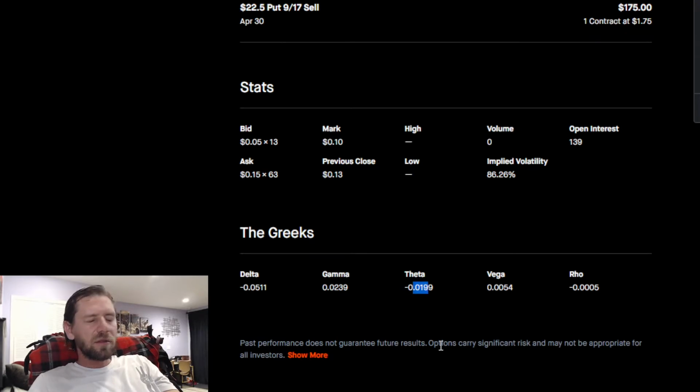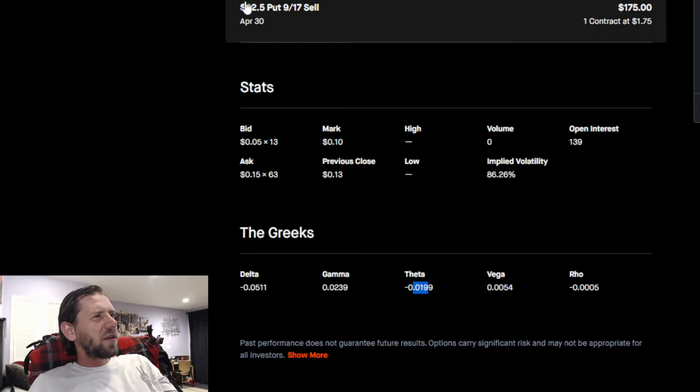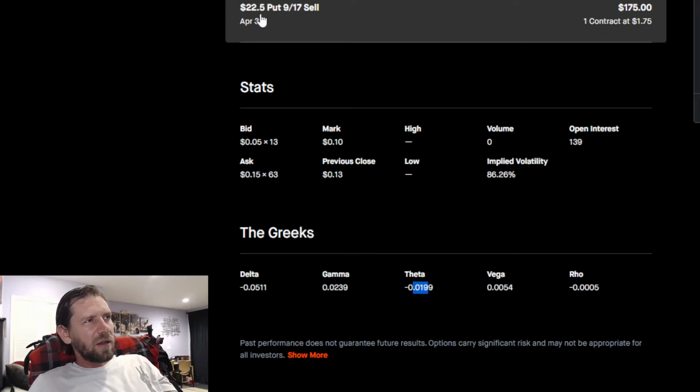Let's see what the expiration date is here, 9/17. So this expires on September 17th, which is about 12 days from now. If I had the capital up front, and this requires $2,250, I can tell that because of the strike price of the option.